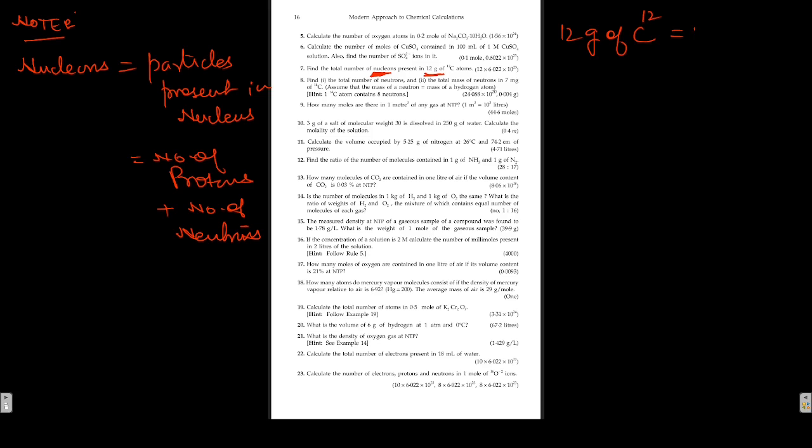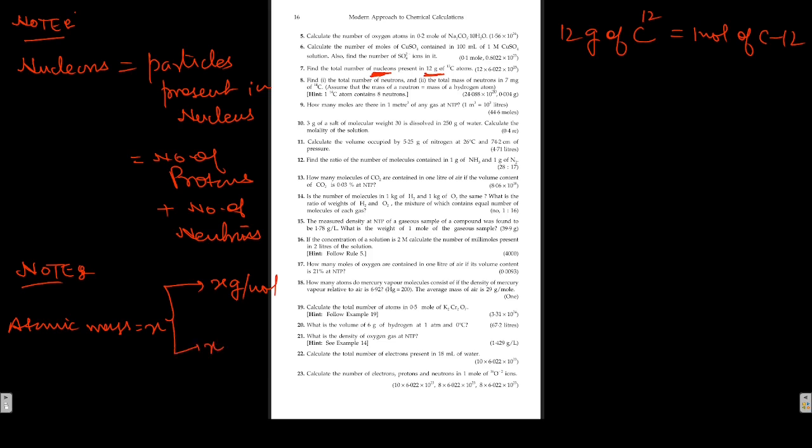It is 1 mole of carbon 12, because you know atomic mass, if it is X, is X gram per mole, and also X u per atom.